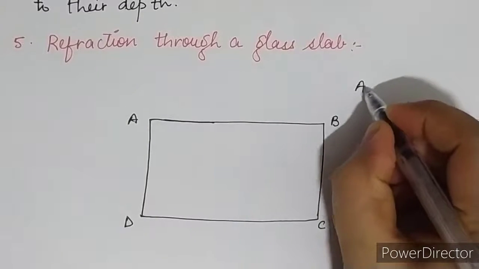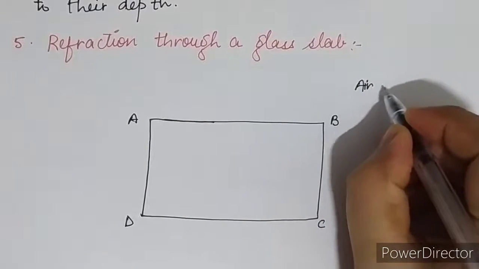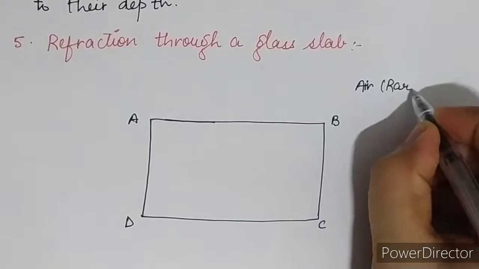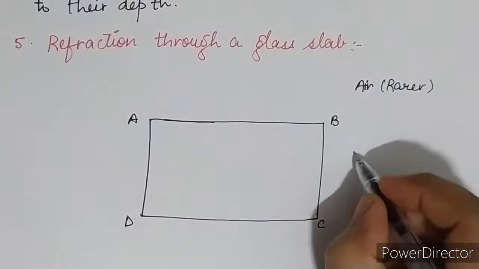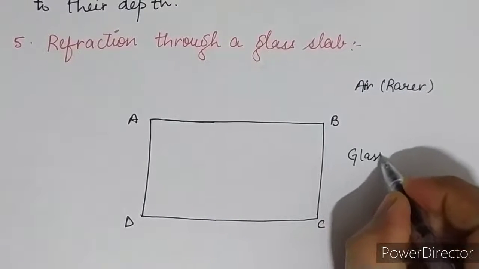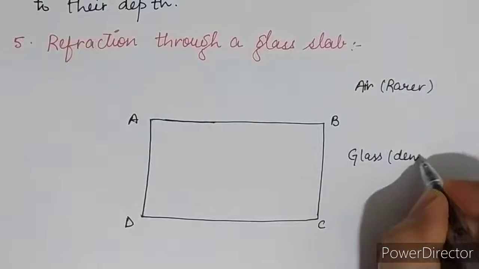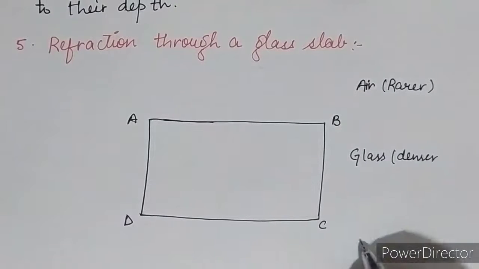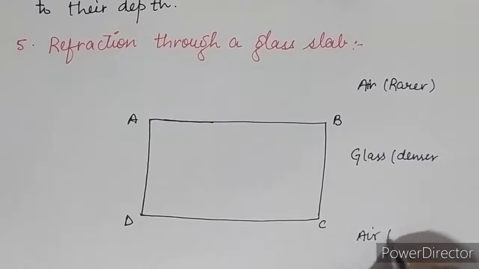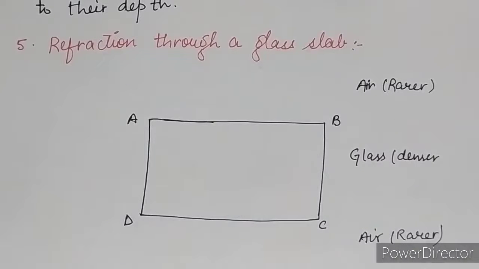First air, which is the rarer medium. Next is glass, the denser medium, and again air, the rarer medium. This is the glass slab.